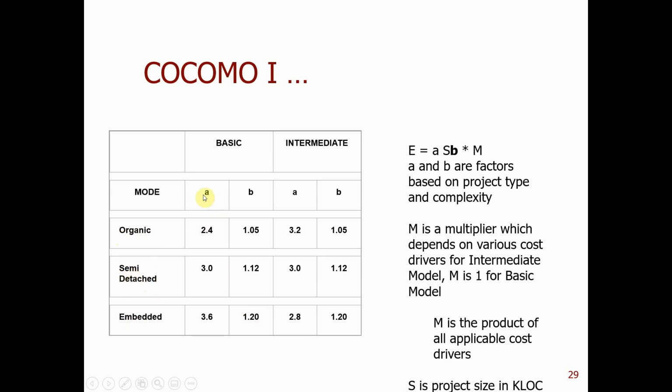So depending on whether it is the basic or intermediate model and on the mode, you can choose different A and B. Again, this table will be provided. If this problem appears in your exam, I will give you this table. You don't have to memorize it. Your exam is a take-home exam anyway, so you will have access to this table.